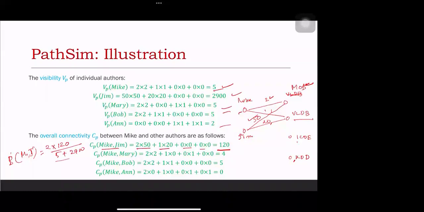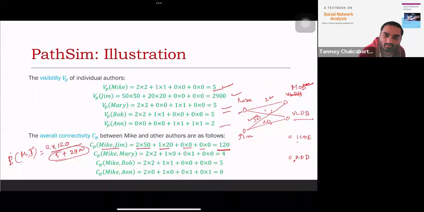Because in the denominator, we are double counting certain metapaths. Think about it. So that's why the maximum value of the numerator would be this by 2. We wanted to make it normalized so that the range falls between 0 to 1.